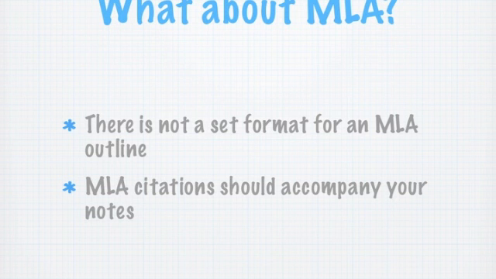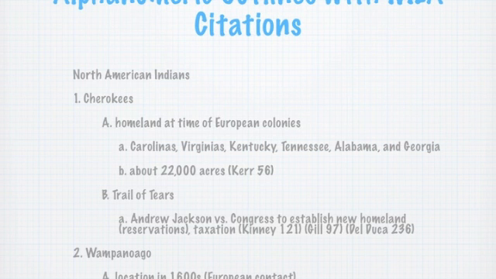So what about MLA citations? Now, Modern Language Association, MLA, does not have a set format for an outline. However, if you decide to use one of these 2 formats, you can include citations within your notes. For instance, here's an alphanumeric outline, the same one we saw before, now with MLA citations.